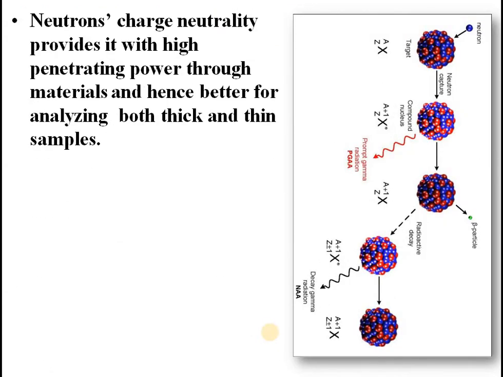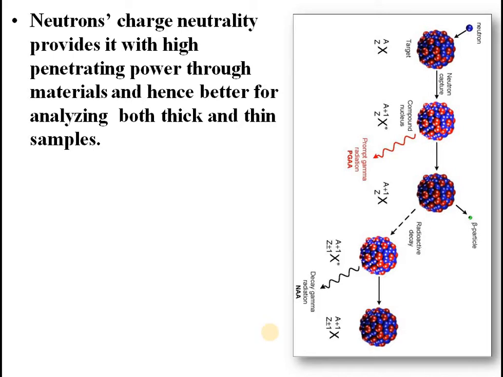Neutrons, as you know, are charge neutral, so they provide high penetrating power through materials, and hence are better for analyzing both thick and thin samples. So it is very clear: neutrons are chargeless, so irrespective of whether your sample is thick or thin, neutrons can comfortably pass through it and hit the nucleus of our interest, and they may produce the requisite nuclear reactions.